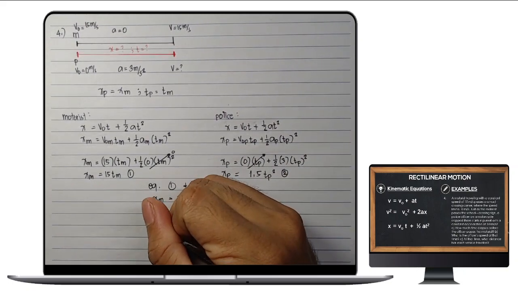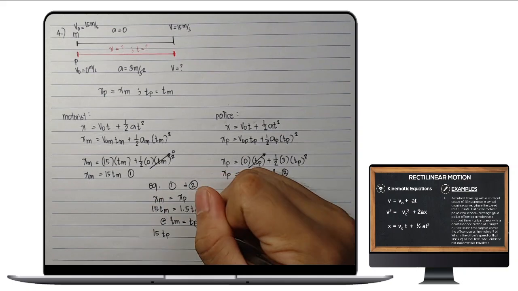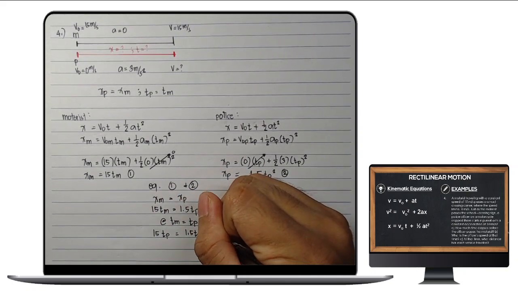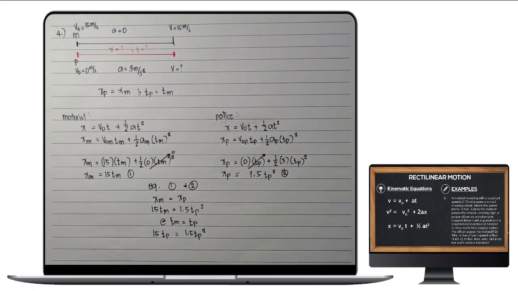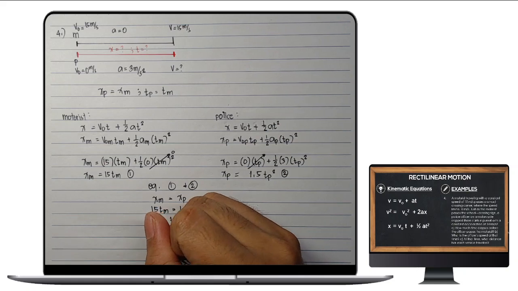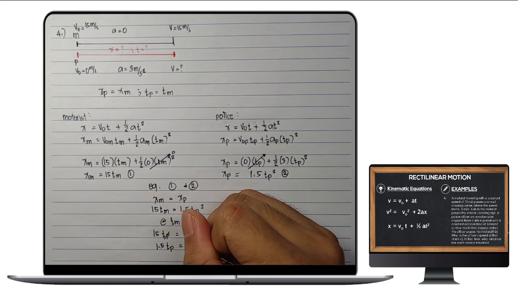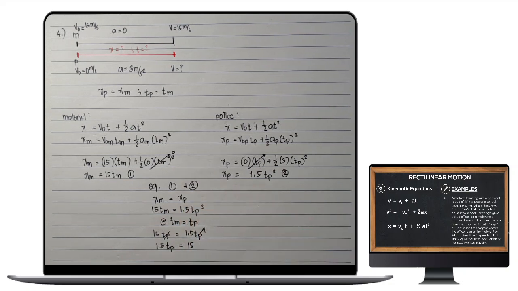So 15 times time of the police is equal to 1.5 times time of the police squared. We can cancel out one time, and we have 1.5 times time of the police is equal to 15.